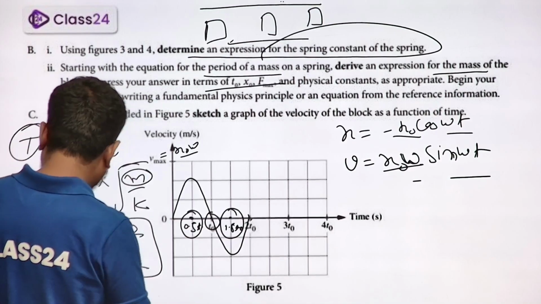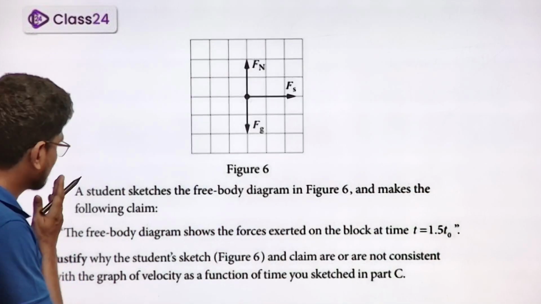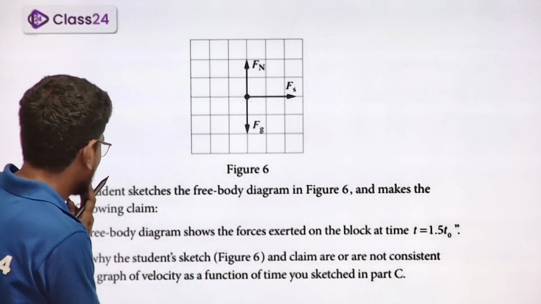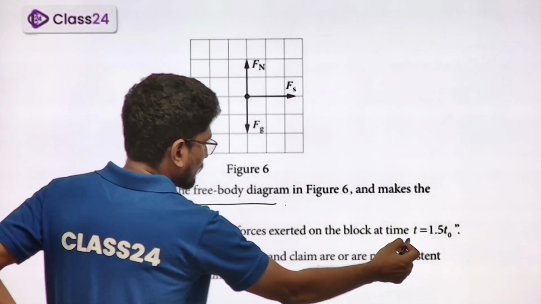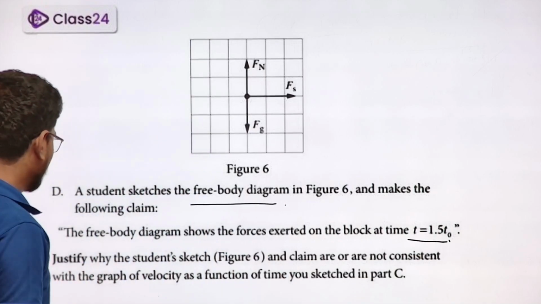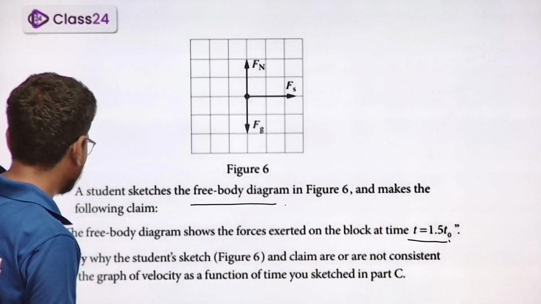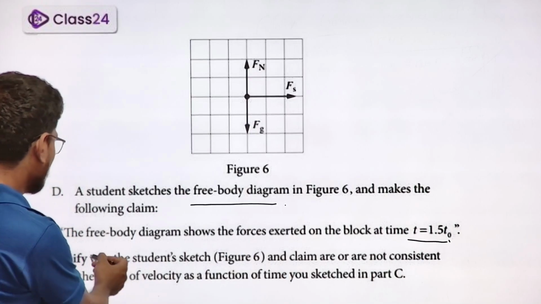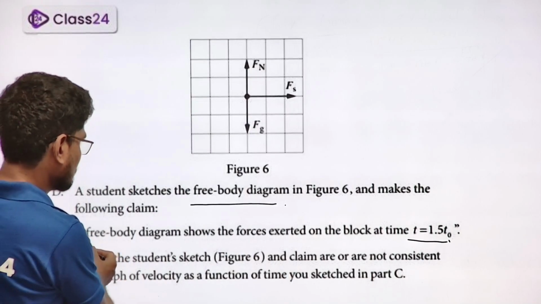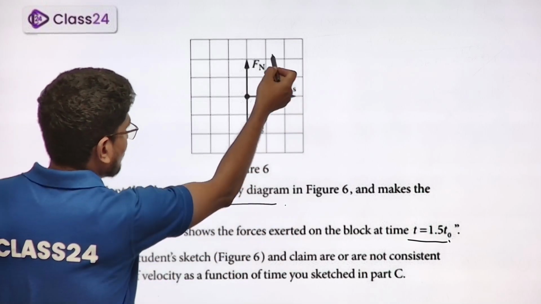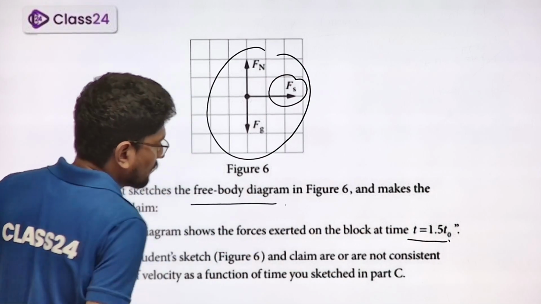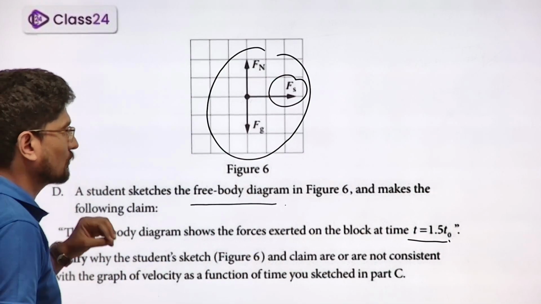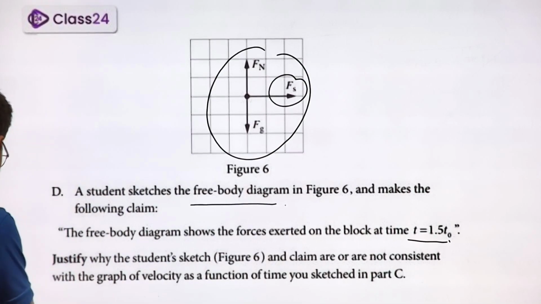So now further we move. In the last section, D, it is asked that the student draws a free body diagram at t equal to 1.5 t naught, and a student is claiming that there is some net force at 1.5 t naught. But we know that at t equal to 1.5 t naught the force is 0.